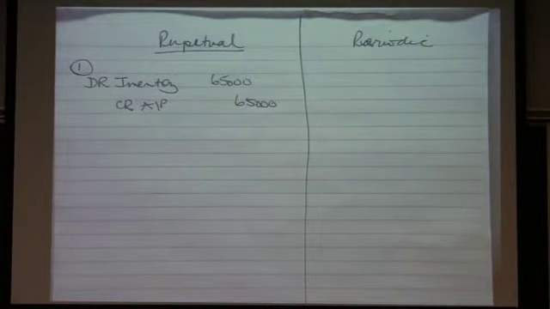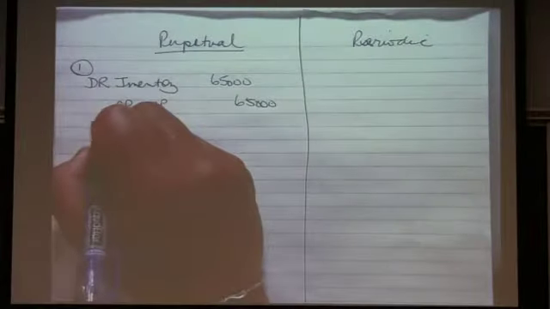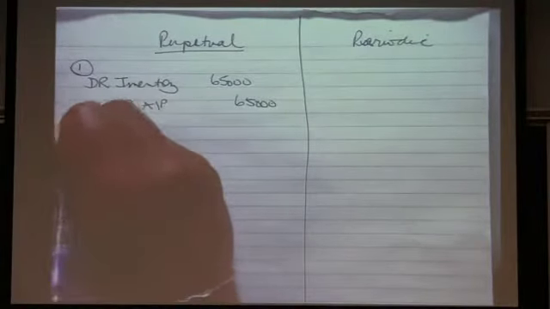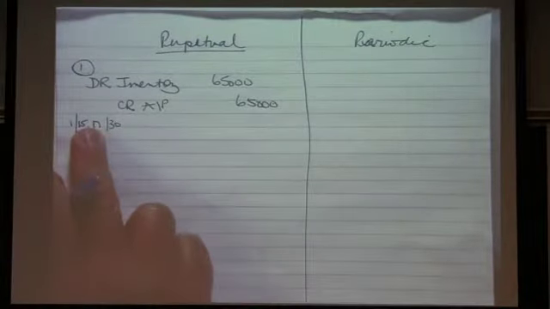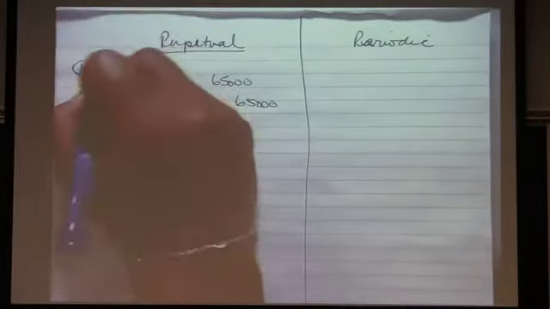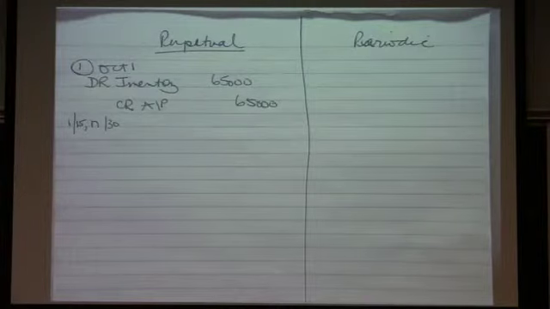The term is 1/15, net 30. That means that if they pay within 15 days from October 1st, they get a 1% discount. Otherwise, it's all payable in 30 days.